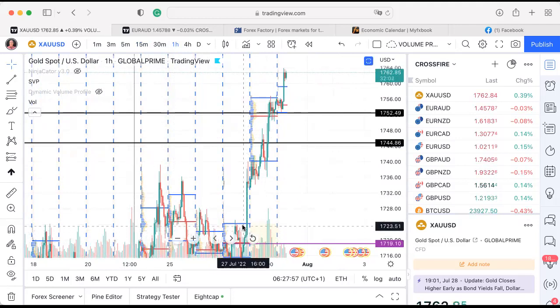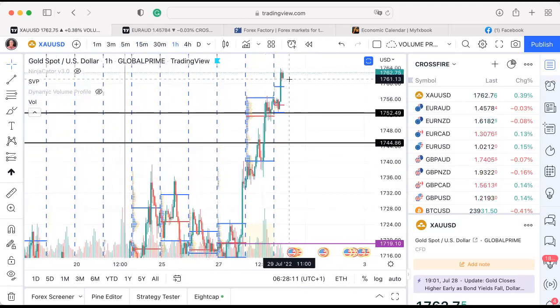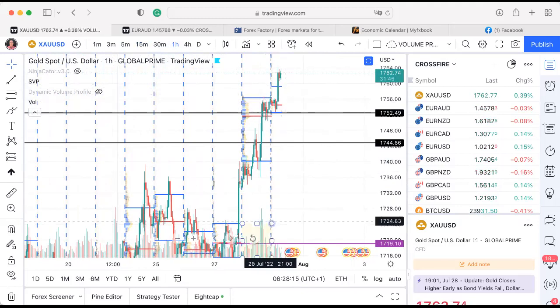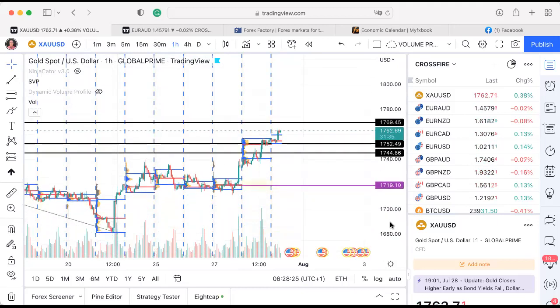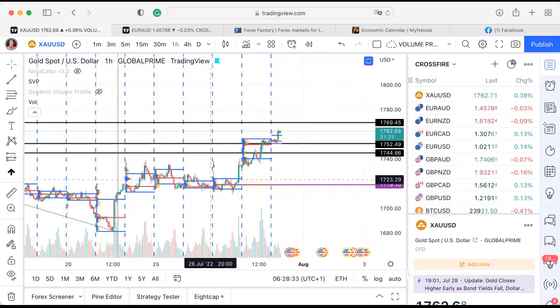That was the 27th, Wednesday. There was a big move upwards, it continued on Thursday, and today it's already made a big move upwards. It's up at 1762 at the minute. I think it dropped below 1700 at one point. It got down to 1680, and it's steadily making its way back up.